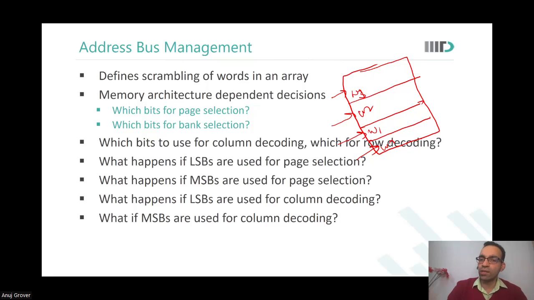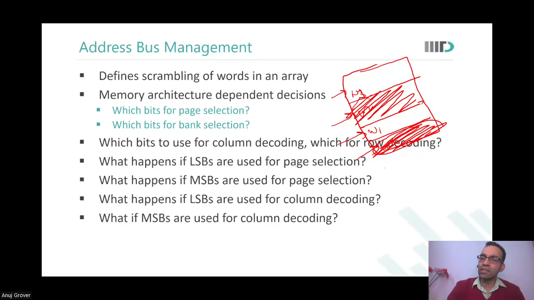I may write consecutive words, but in the memory, let them be spread far apart. Why? Simply because when I read them again, I will be reading them one after the other. Then let me not stress any one bank too much. None of the banks should be stressed too much.